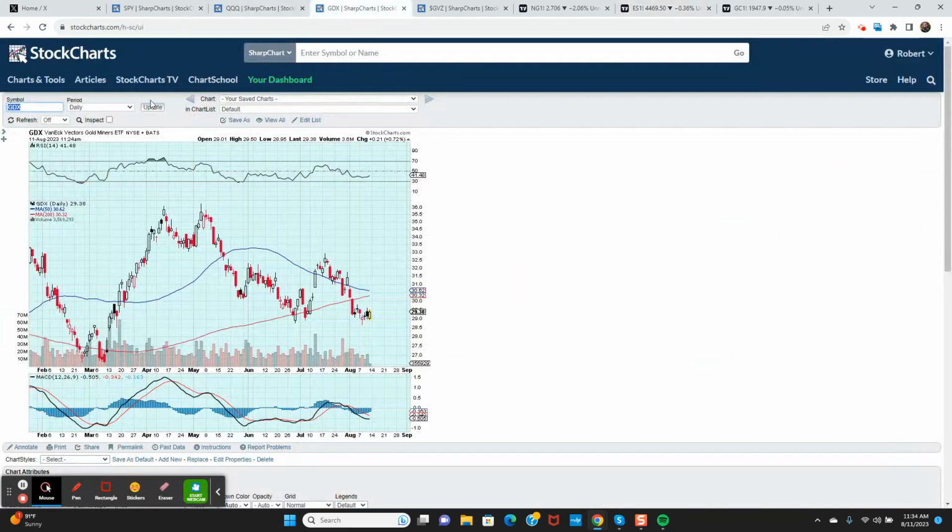I do want to take a look at the GDX chart. We tried to get up to 29.50 earlier in the session, pulled back a bit, now 29.26. So the GDX is consolidating just above this big support area around $28.75 to $29 a share. Unconvincing action so far.